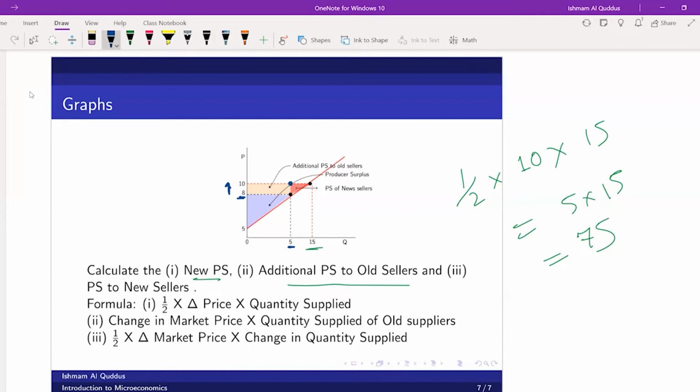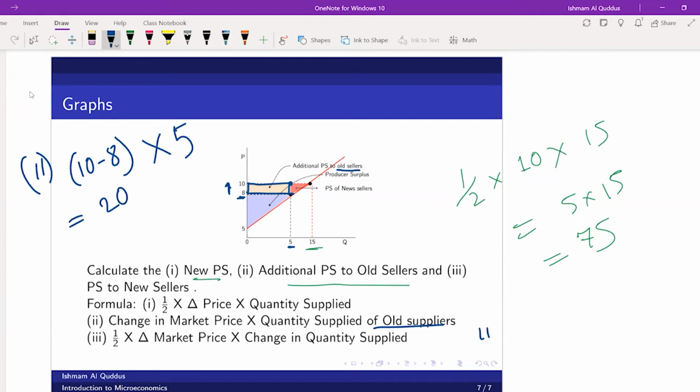So this will give you an additional producer surplus. This rectangular area gives you the additional producer surplus to the old sellers. How can you calculate this? Change in market price multiplied by the quantity supplied of old suppliers. So number 2 would be 10 minus 8 multiplied by 5, because this was the old quantity. Which is 20.